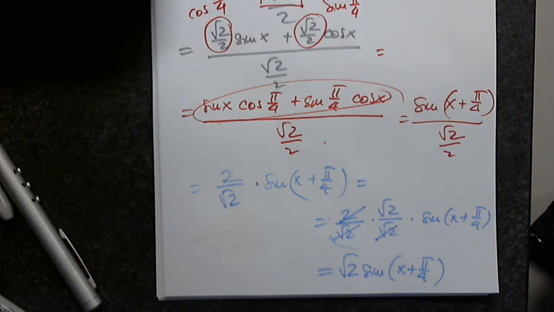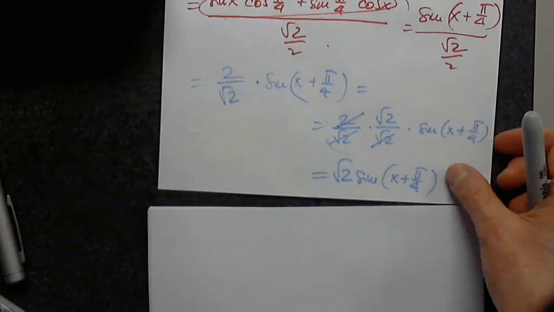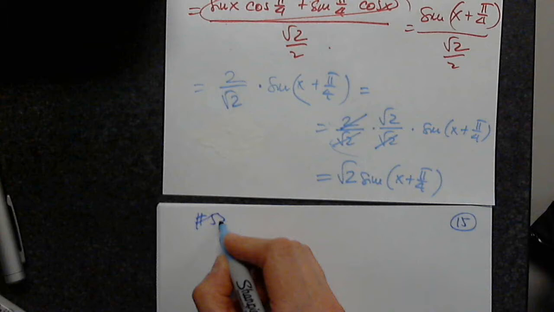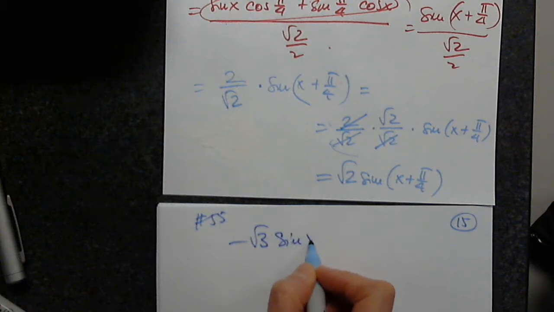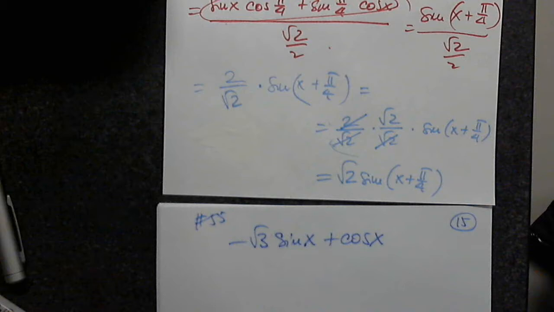Or 58. 57 is good too. Please choose. 55. Okay. So we want to look at 55: negative the square root of 3 times sine x plus cosine x.